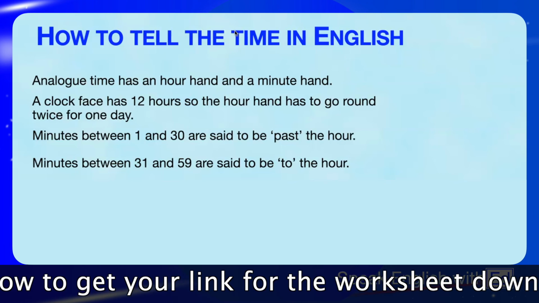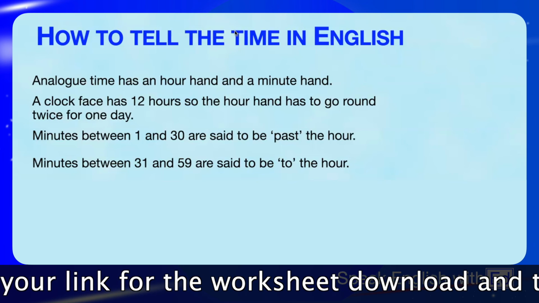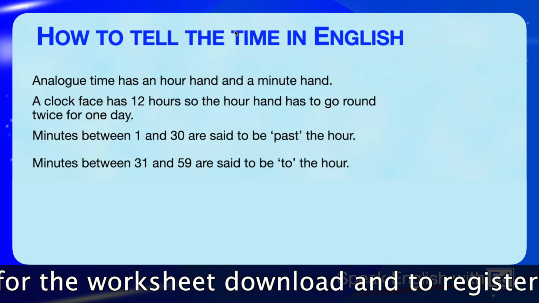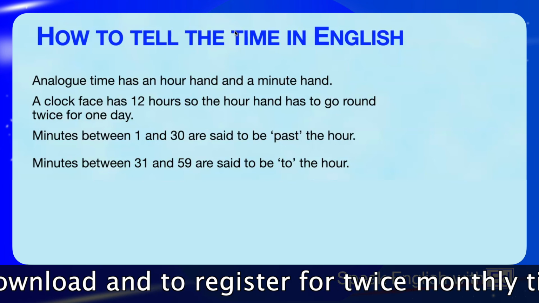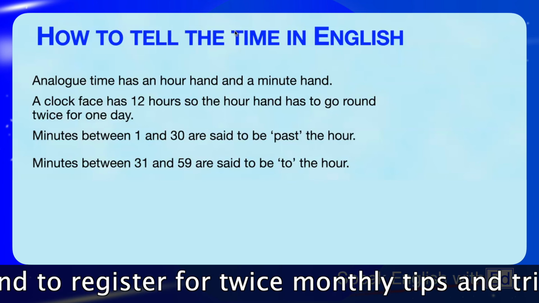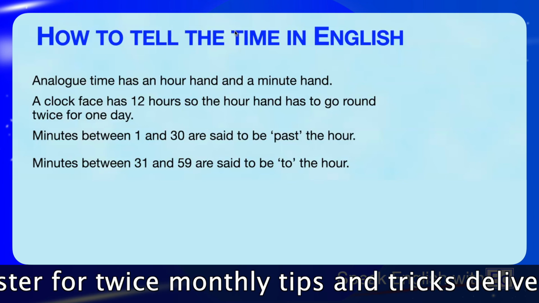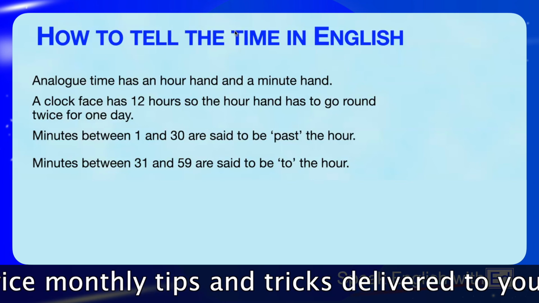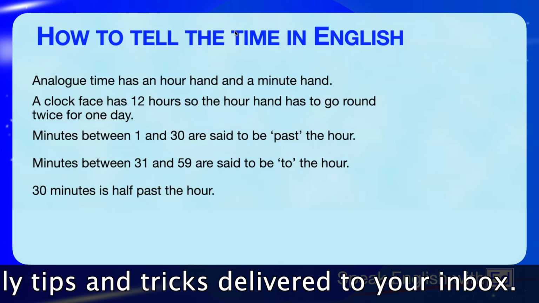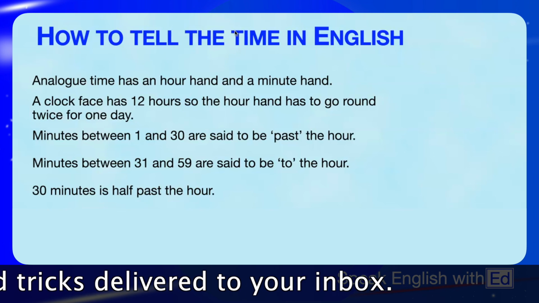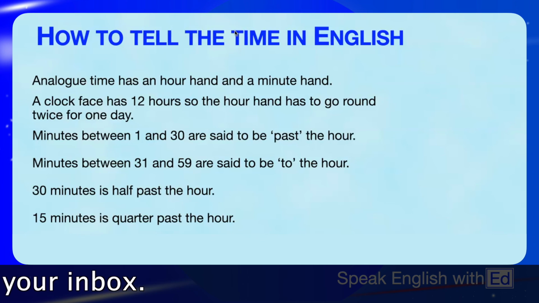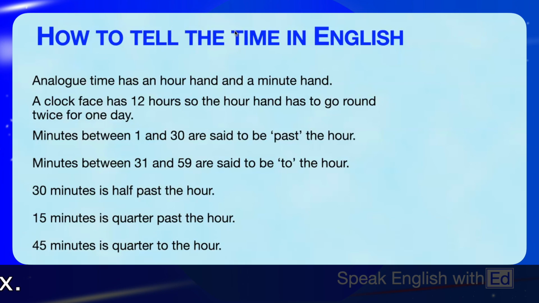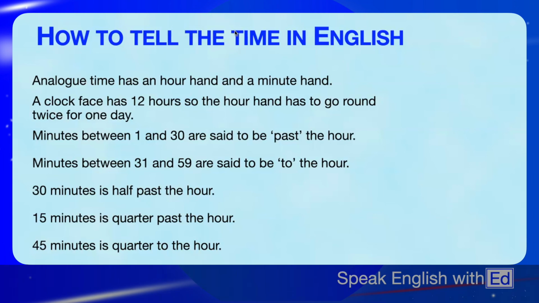There's 1 minute less every minute to it. So it's 25 to, 20 to, quarter to, 10 to, 5 to, and then it's on the hour. Now the 30-minute mark is always half past the hour, and the 15-minute mark is a quarter past the hour, and the 45-minute mark is a quarter to the hour.